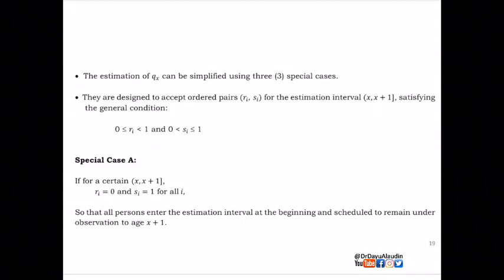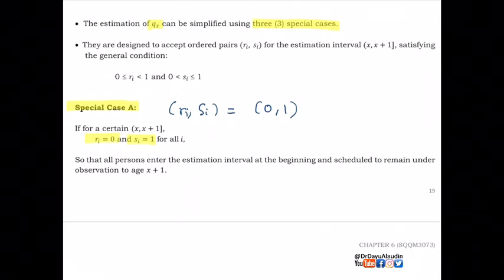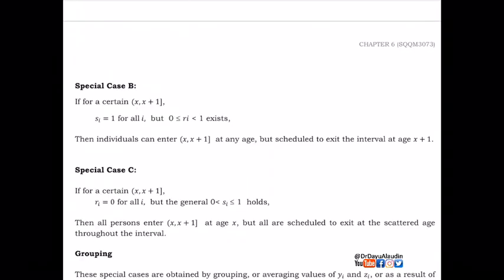So the estimation of QX can be simplified into 3 special cases. Okay, for special case A, RI is 0 and SI is 1. Special case A, RI, SI is 0 and 1. We classify it as 0 and 1.